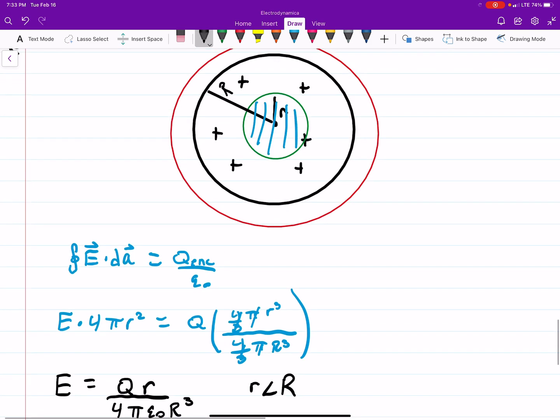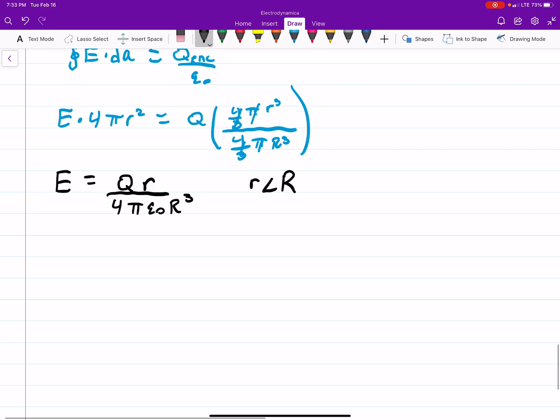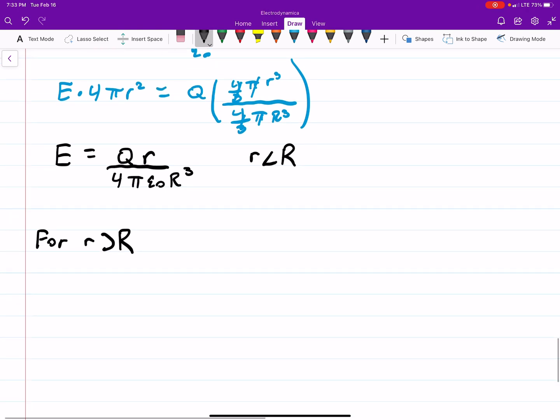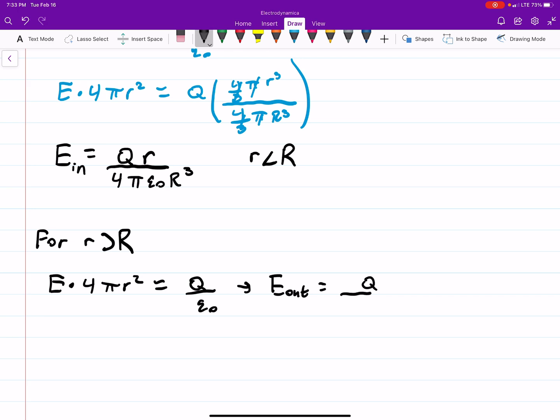Now we also need the E field outside. So for little r greater than big R, it's going to be the same idea. This is our E field inside. E field times 4 pi r squared. Well, now the charge enclosed is just Q over epsilon naught. And then solving, E out is equal to Q over 4 pi epsilon naught little r squared, which is entirely what we expected.